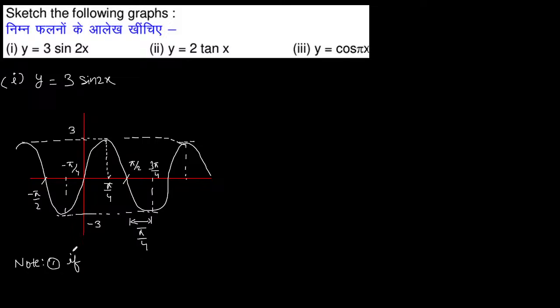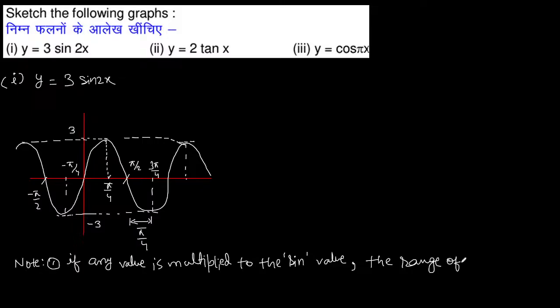तो अगर नोट कर लेते हैं, if any value is multiplied to the sine value, the range of the graph gets multiplied with the same value.